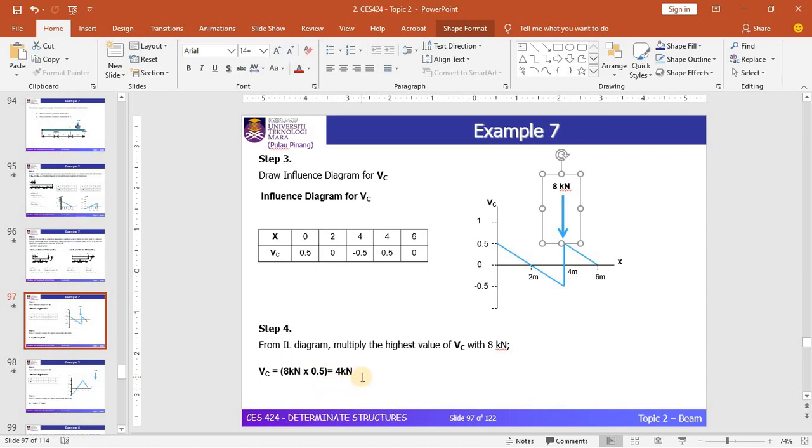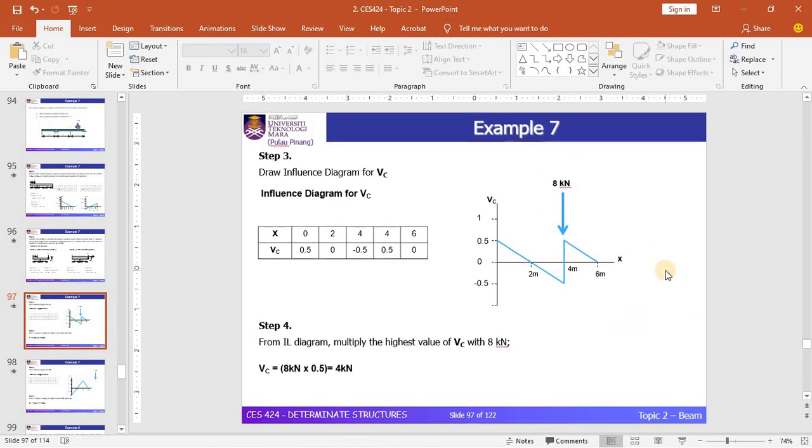So the maximum positive shear at point C is equal to 4 kilonewton when this point load is positioned at the free end and at another point 6 meters from the free end. There are two positions that will give this maximum positive value.